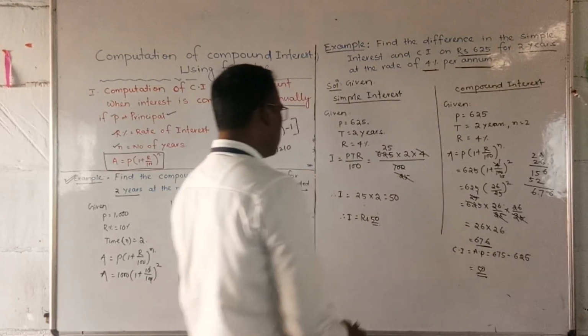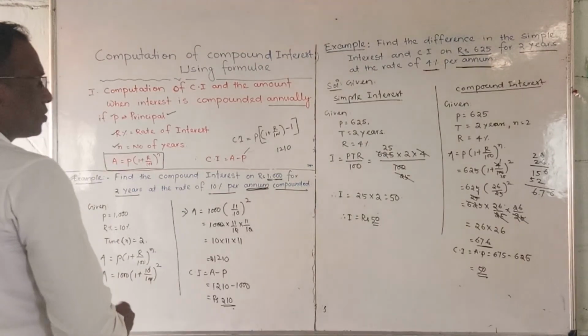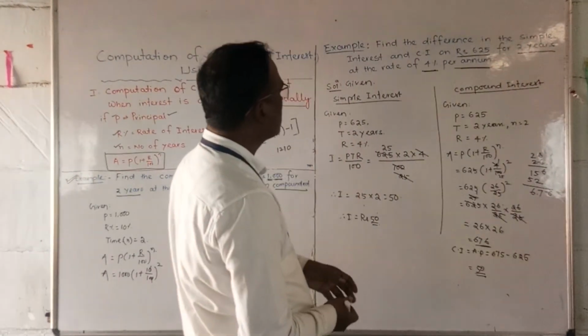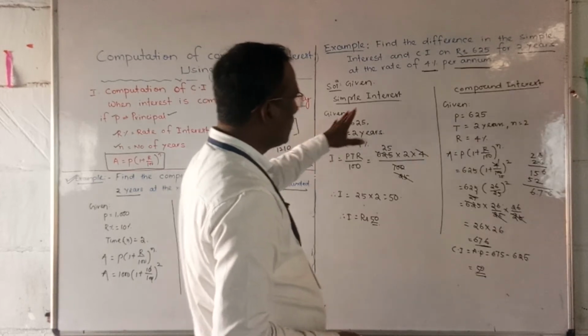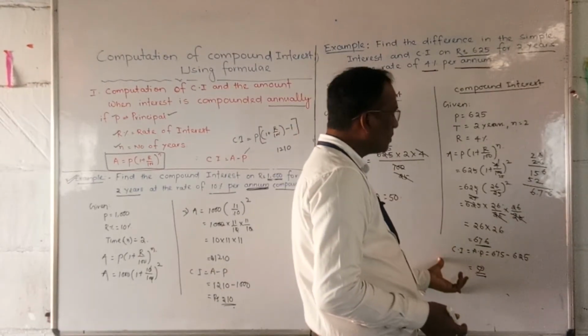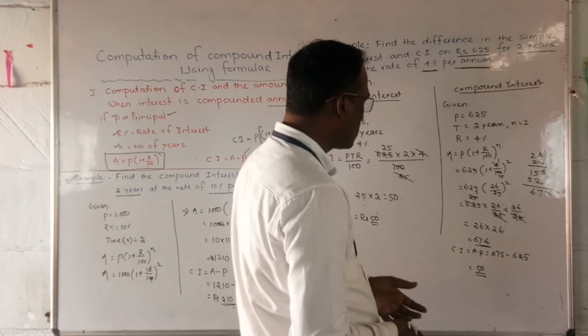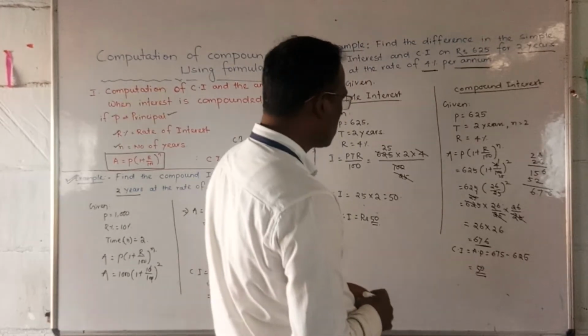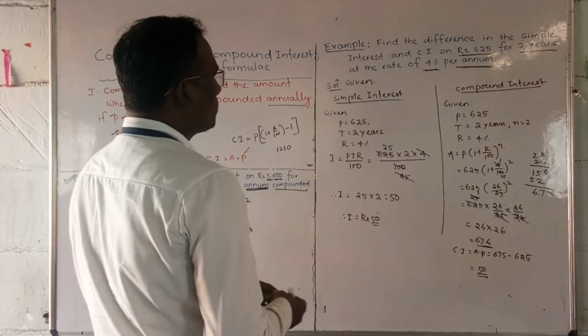Okay, so students observe that here whenever we are finding compound interest and simple interest, we are getting the same. Yes, but we have to see where the mistake is, something we have to observe here.